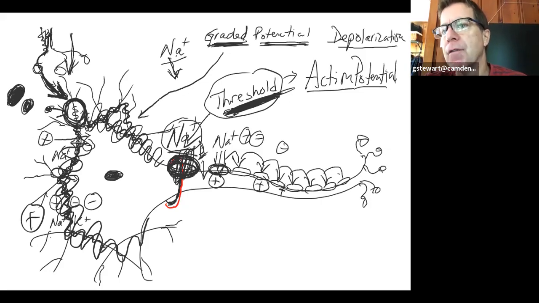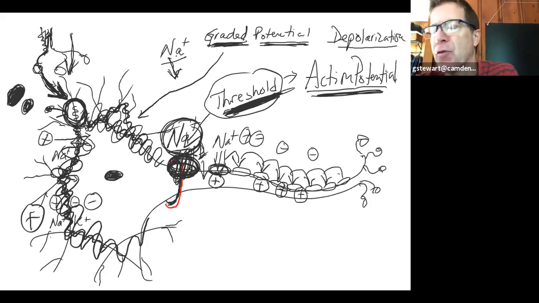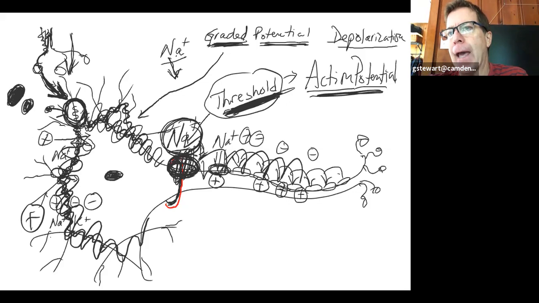The net charge becomes positive in and negative out, and that's from these sodium ions rushing in. That is what an electrical stimulus is. That is an action potential. It's the massive depolarization or flipping of charge all the way down this axon in a linear fashion.